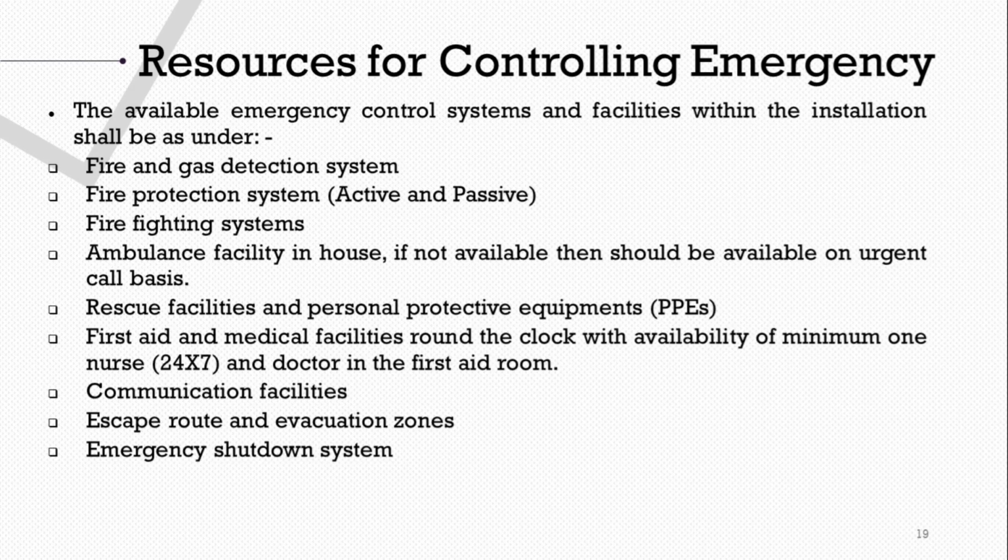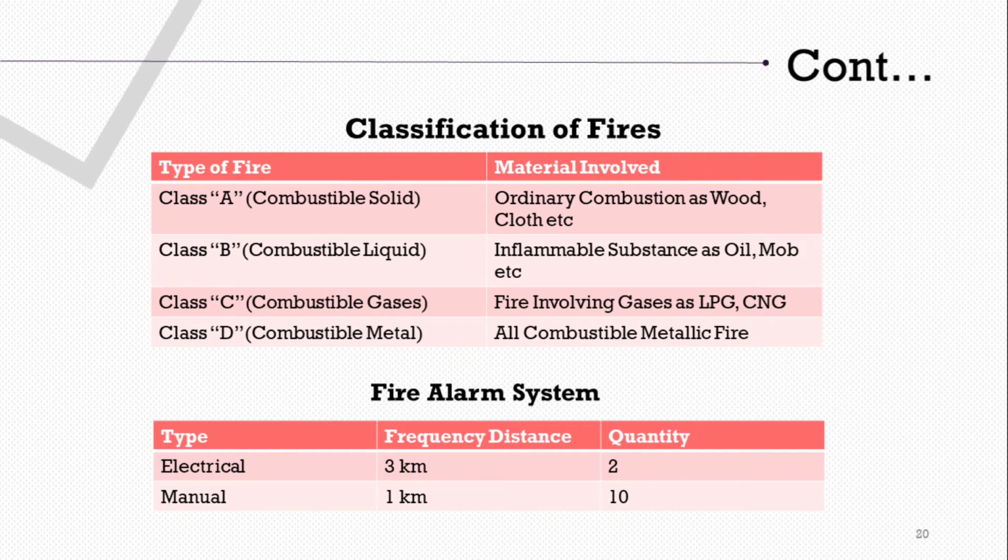We also require one resource, the escape route, from which the people can come out from the fire area, and at the end we have to shut the whole system down, so an emergency shutdown system is also required.